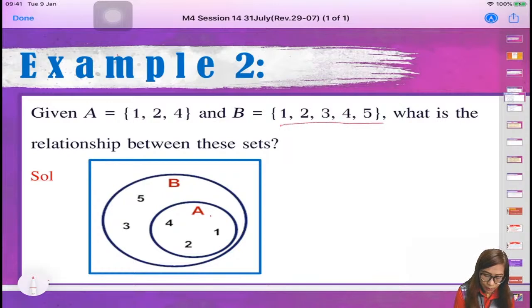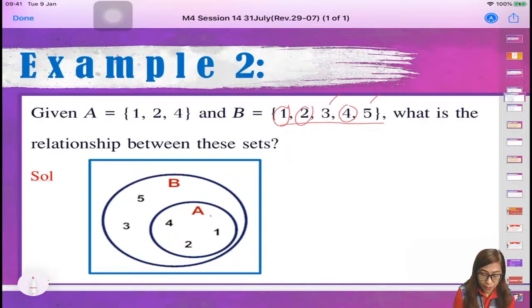Since A already has these numbers, 1, 2, 4, I have it 1, 2, and 4, done. So you have to put 3 and 5 outside circle A. So this is it. A is inside set B.